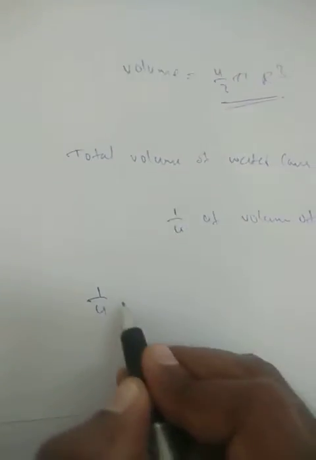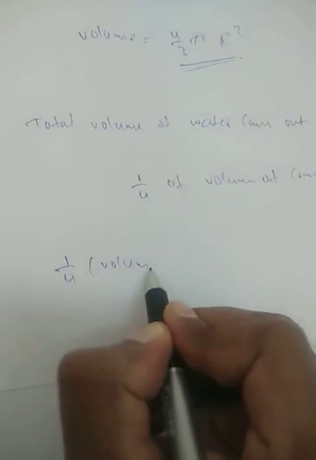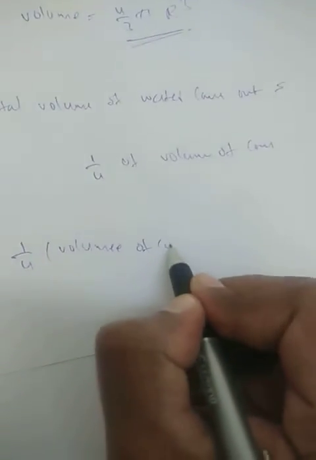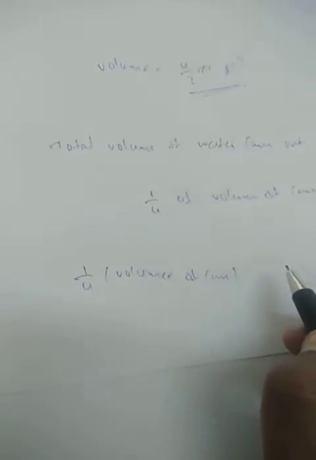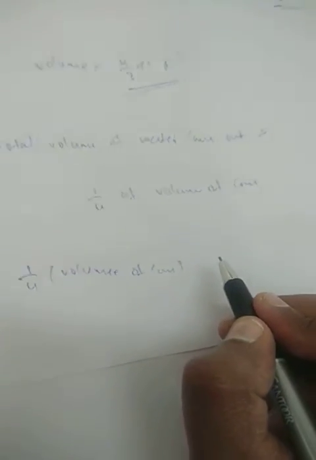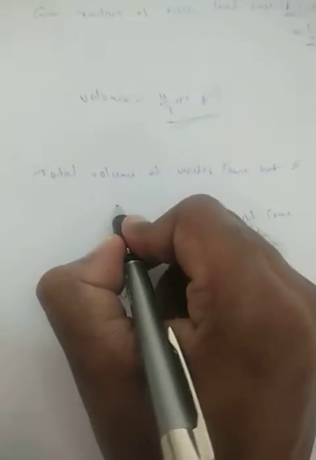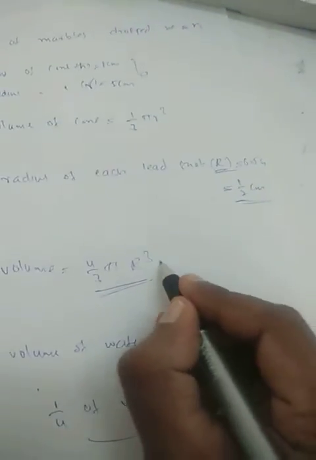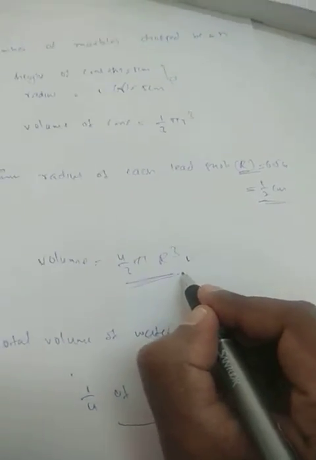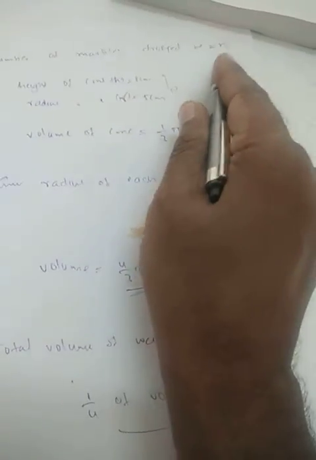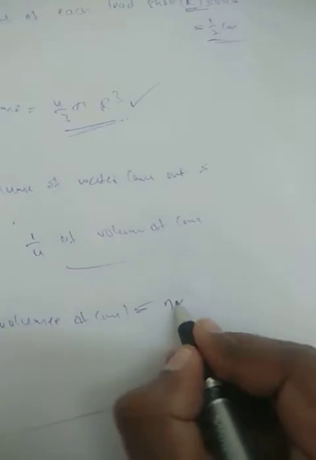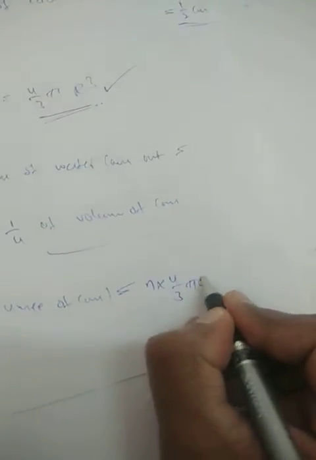That means 1/4 of the volume of the cone is equal to the amount of water that comes out. Actually the volume of each marble is 4/3 pi r cube. So how many marbles are dropped? N. So that will become n into 4/3 pi r cube.